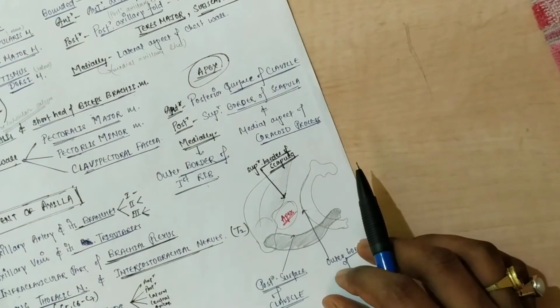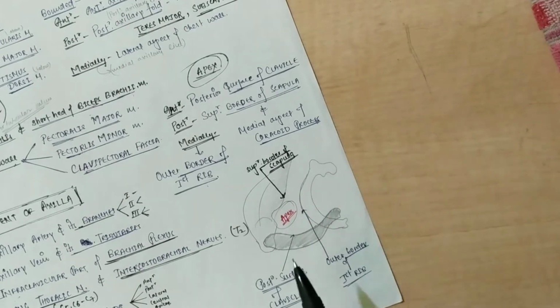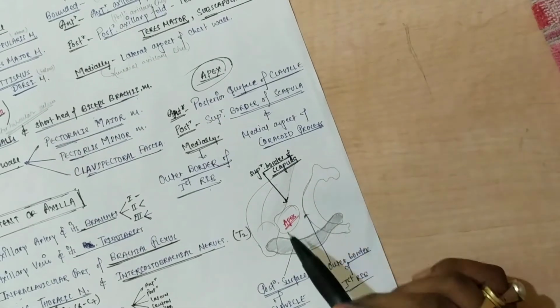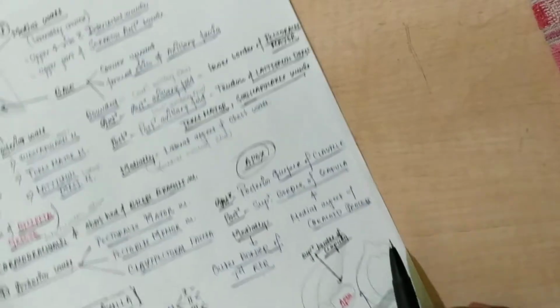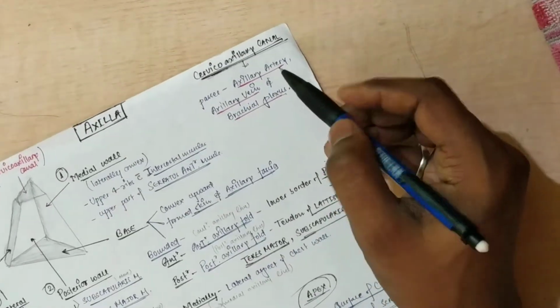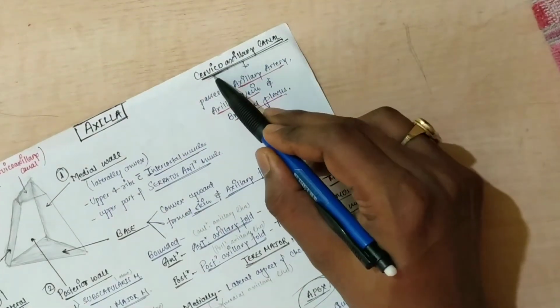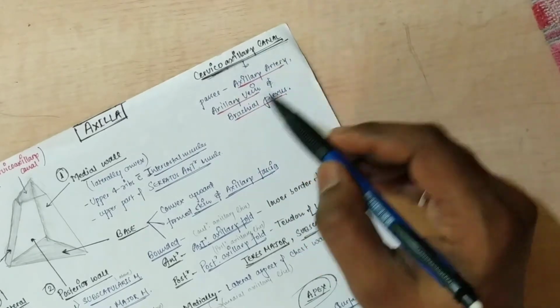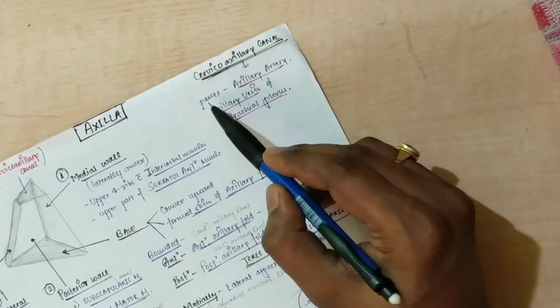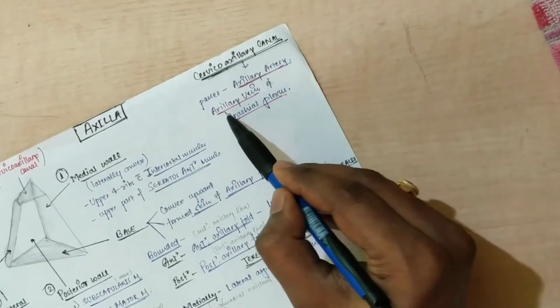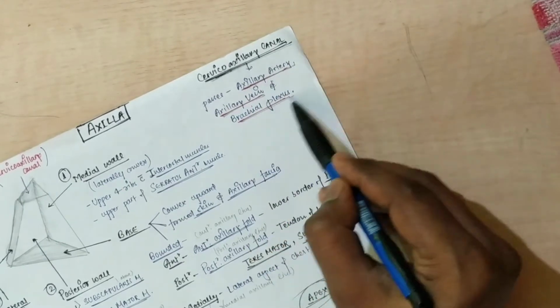So guys, this is all about the apex. Through the cervico-axillary canal pass the axillary artery, axillary vein, and the brachial plexus.